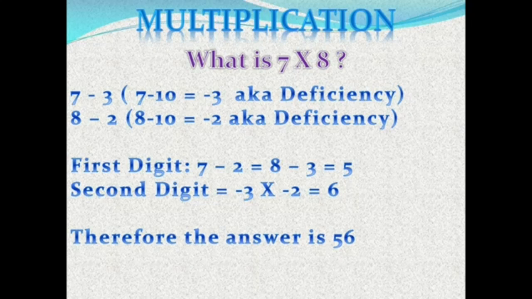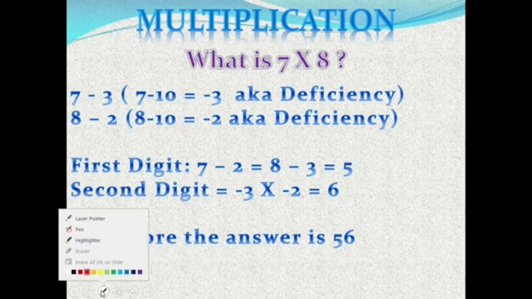But there is another method of doing it. 7 and 8 are near to the base 10. Here I am going to take the base value as 10, and 7 and 8 are less than 10. 7 is 3 less than 10 and 8 is 2 less than 10.